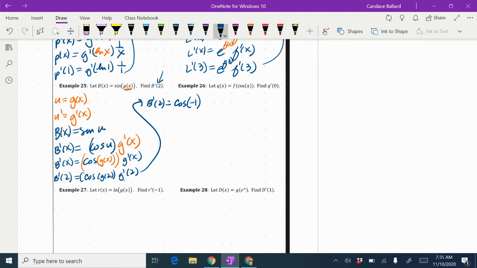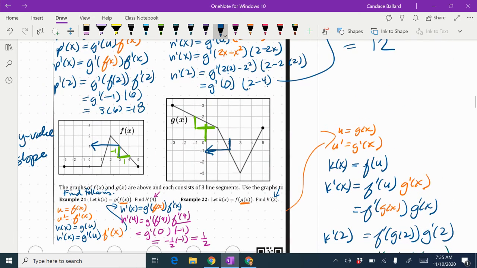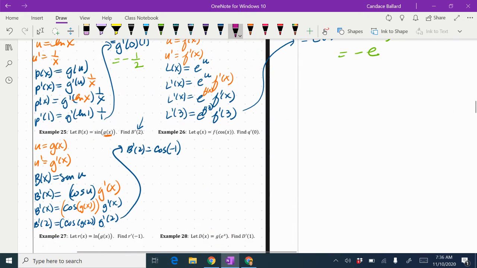And then g prime of 2, so the slope at 2 looks like we are going down 2 and over 1. So it looks like it's negative 2. I need to figure out the cosine of negative 1, which I can't really do because it's not on the unit circle. So we're just going to leave this as negative 2 cosine negative 1.